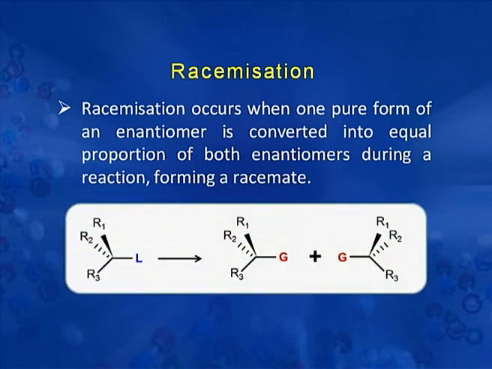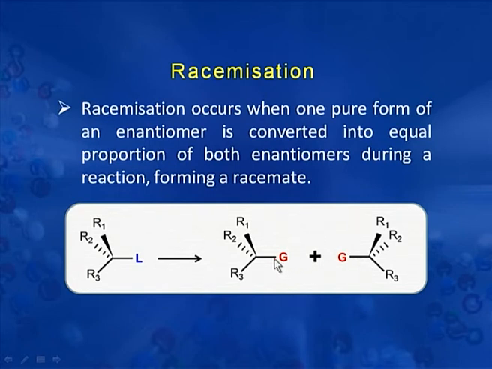Say in this example that this is a leaving group. In some of the molecules the incoming group has occupied the same position as the leaving group, and in some molecules there has been inversion and the group has got the opposite position. If the two isomers are formed in a 50-50 ratio, then the racemic mixture will not be optically active.